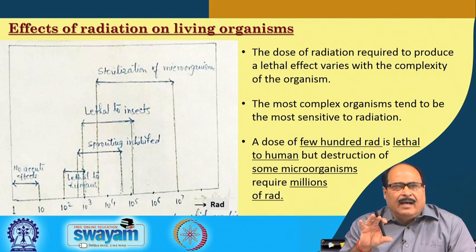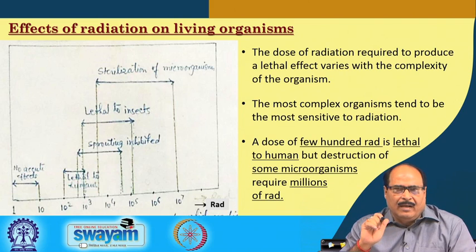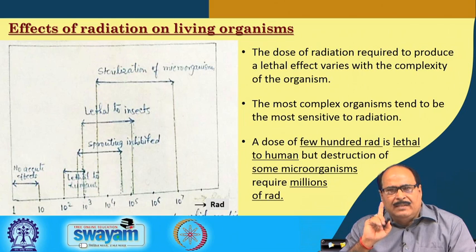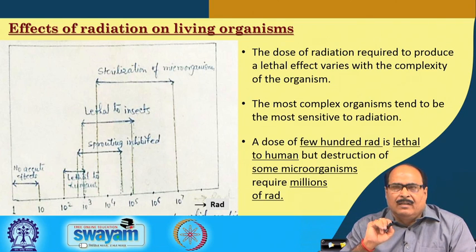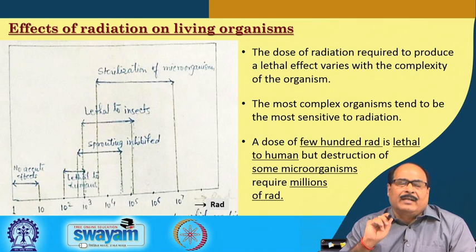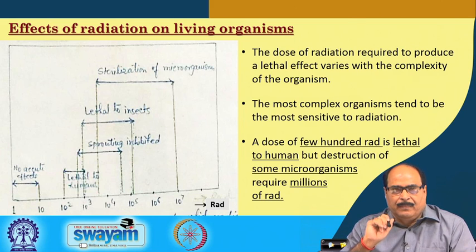In this slide, I have tried to show you the effect of radiation on living organisms. Radiations have a lethal effect, and the potential lethal effect of radiations was realized soon after the discovery of X-rays by Roentgen and radioactivity by Becquerel in the late 19th century.